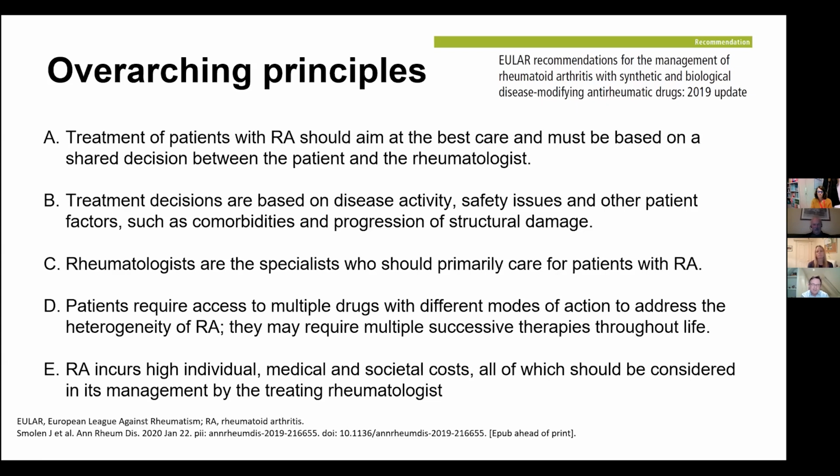There's a question that clearly this will be different here because this is about treating with a number of different specialists who have expertise, rather than, as it's easier for us perhaps thinking about rheumatoid, we would very much want to stamp a rheumatologist on this, but it's thinking about who does this. It's how you might need to change treatment throughout life. And then the last one is the importance of this to society, that this is an important disease and that it's important that the best possible care is given to people for society, for the medical service and the individuals. So you can see the sort of principles.